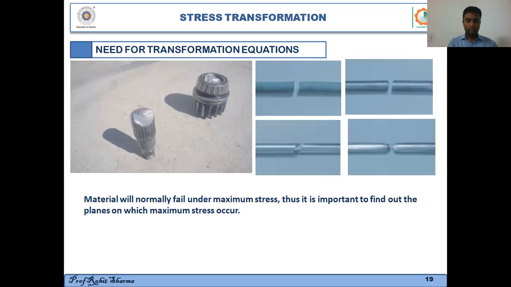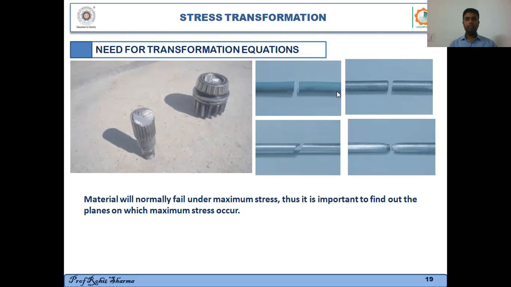Suppose in one case you have a brittle material and in the other case a ductile material. Ductile materials usually fail under shear stress, and brittle materials usually fail under normal stress.